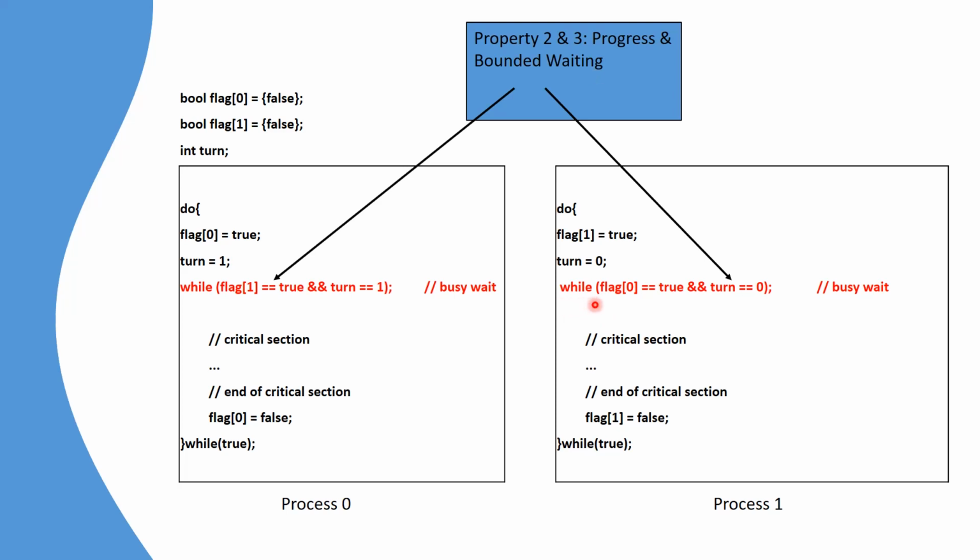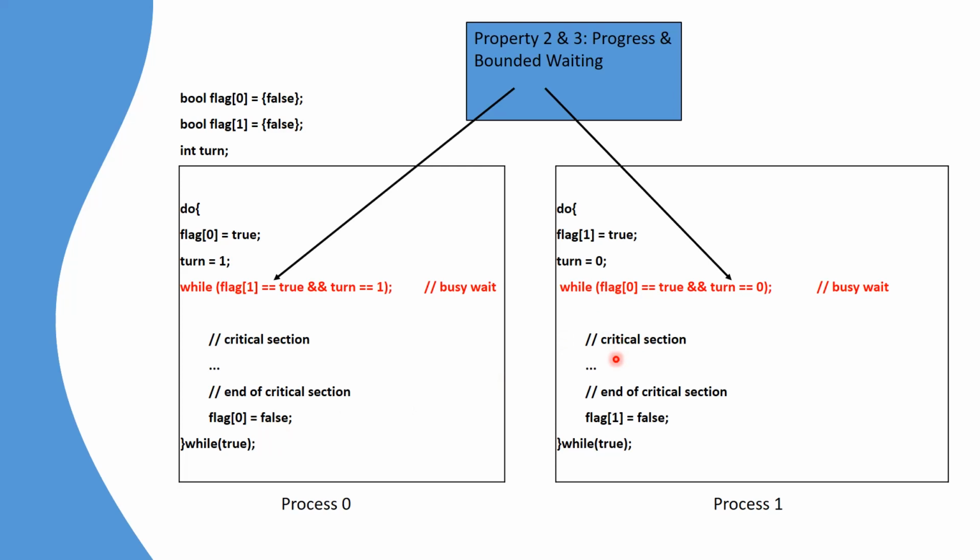So if process 1 is executing in the while statement and does not change the turn value, then after process 0 has entered the critical section, it sets its flag to false, so this becomes false and process 1 can enter.